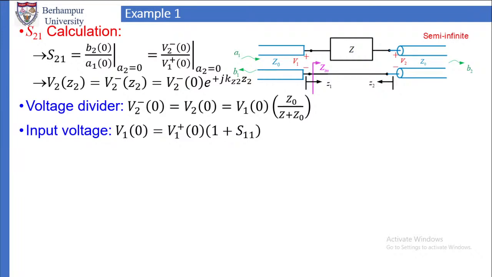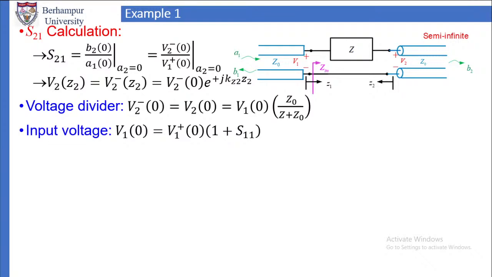Now input voltage V1 is equal to V1 plus into 1 plus S11. How do you get this? This is also simple. V10 is equal to V1 plus plus V1 minus.